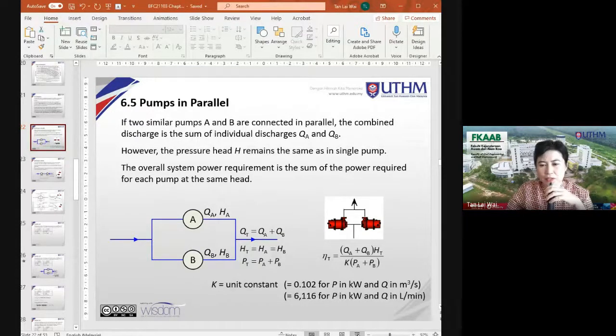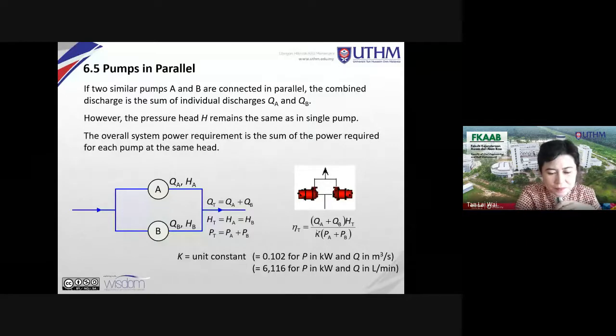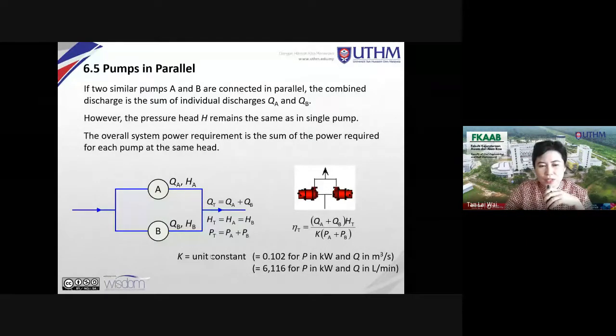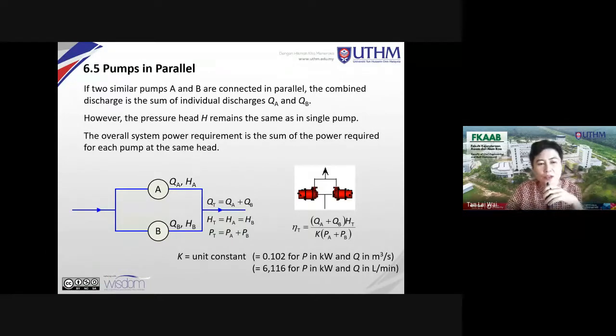Now, let's recap what we have learned last time. If we look at pumps arranged in parallel, we have pump A, pump B. This is just two pumps.